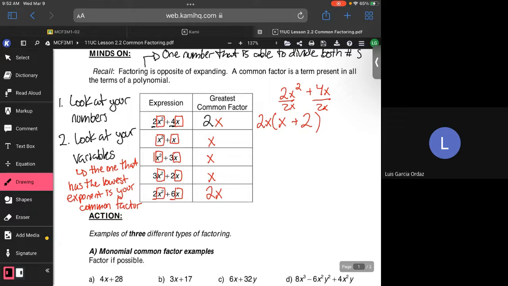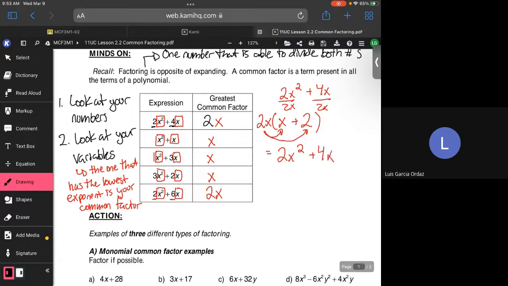Now, in order to determine if what you did is right, you can FOIL back the 2x into my bracket to double check your answer. So let's see if we did it right. What is 2x multiplied by x? Okay. And what's 2x times 2?